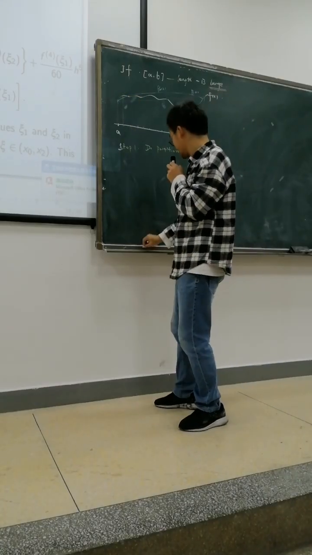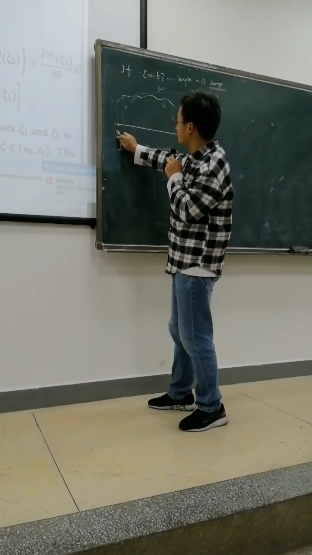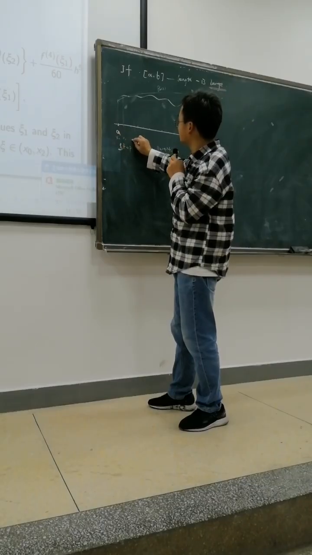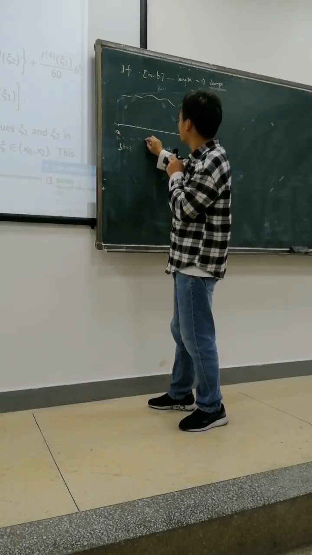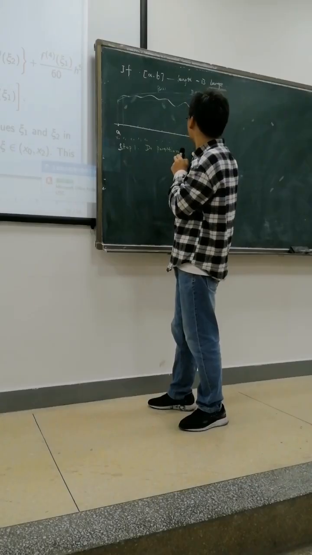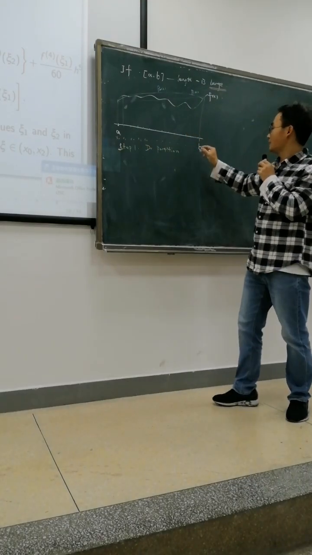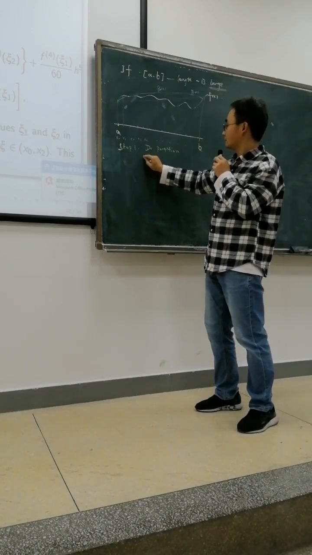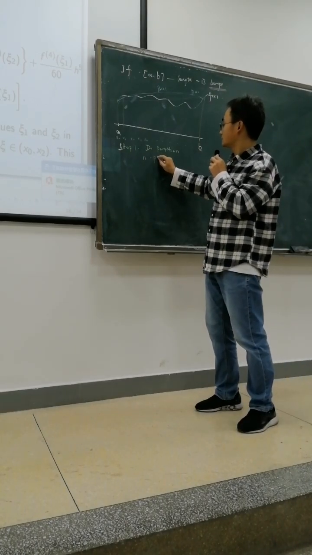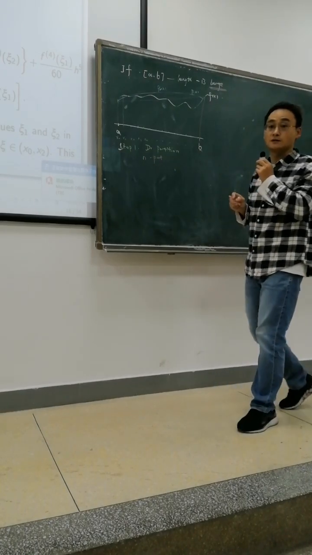For example, this is called x0, x1, x2, x3, x4, up to xn, because here is x0, x1, we have n parts.